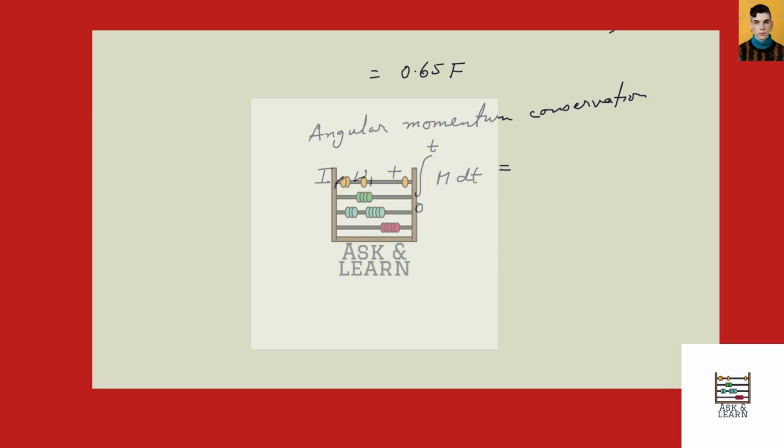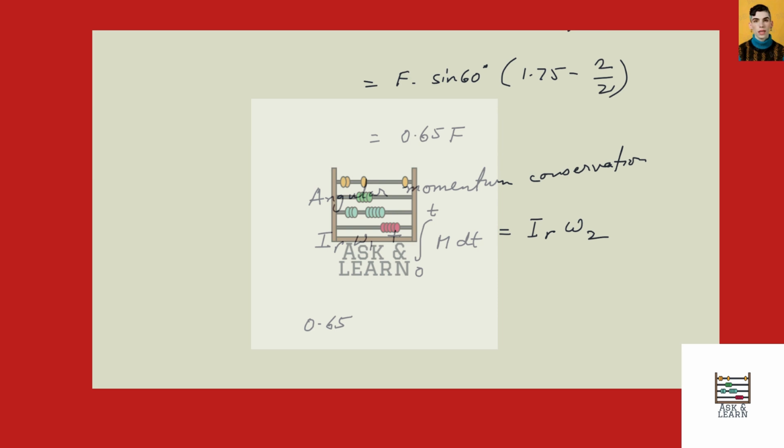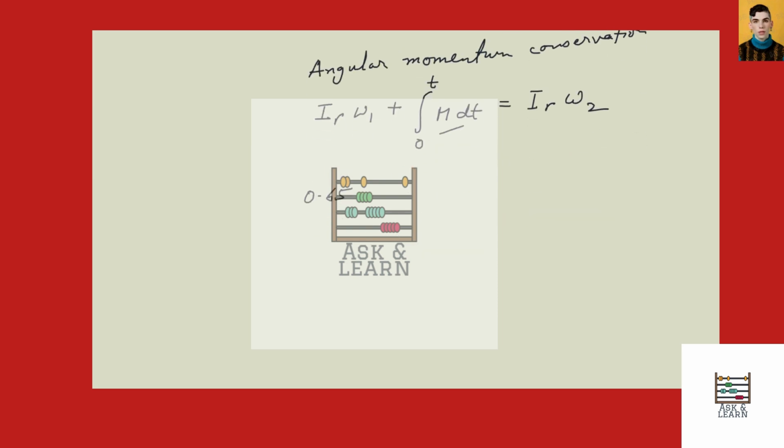This will give you the final angular momentum. Moment of inertia will stay the same, omega 2. And this 0.65 is the moment M. I'm just replacing this with force F, integral of F dt from 0 to t. This will be equal to the moment of inertia times omega 2 minus omega 1.